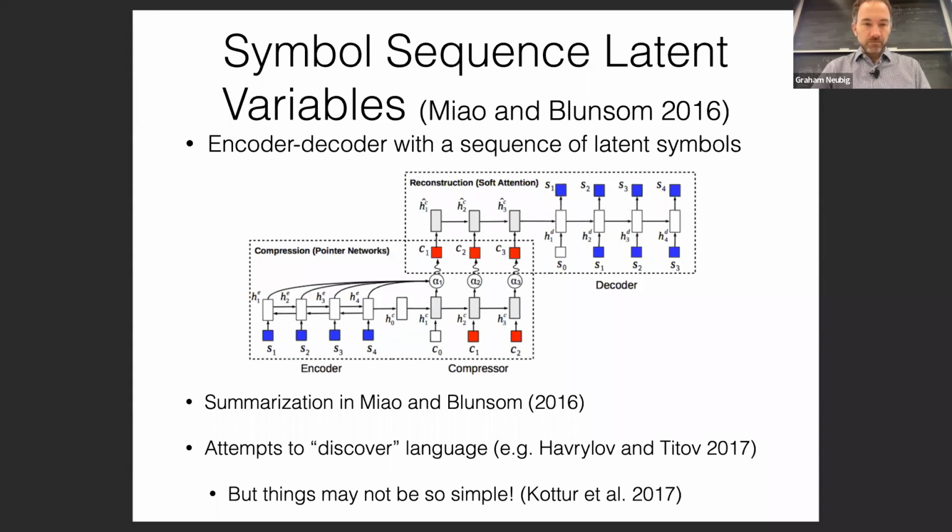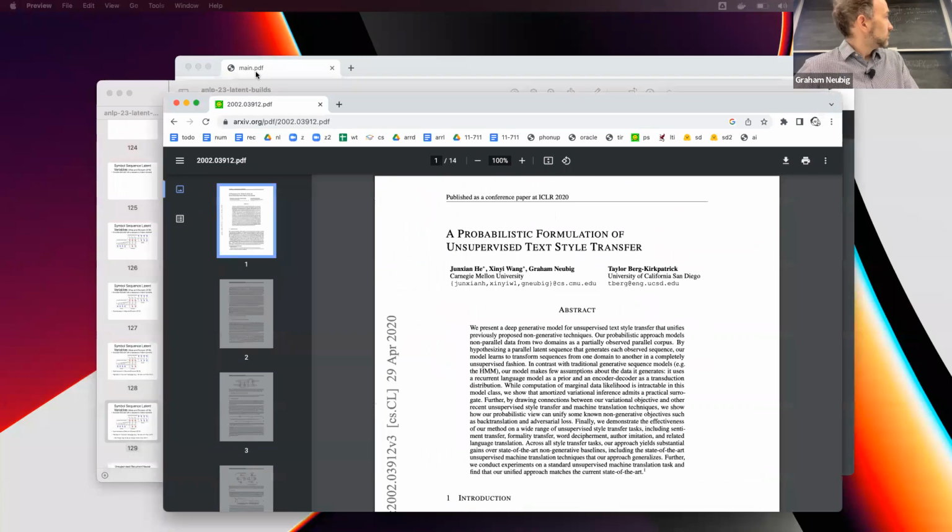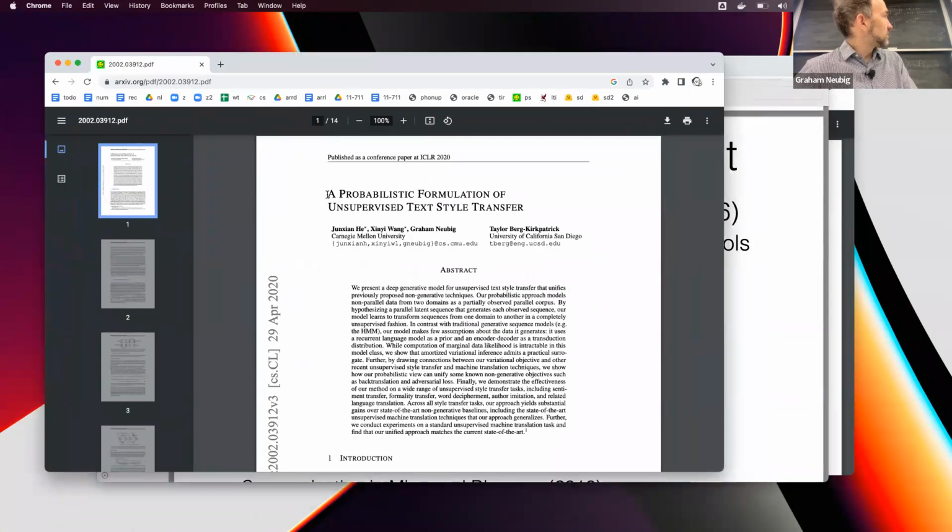So this is a paper where we did that. This paper does this over a whole bunch of different sequence tasks.